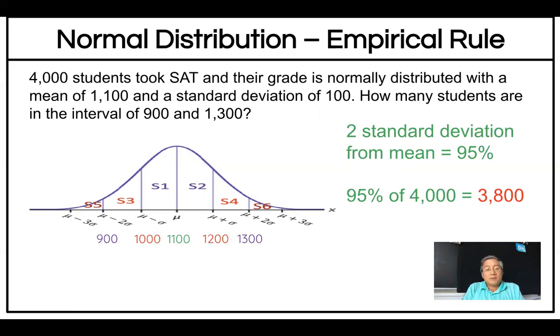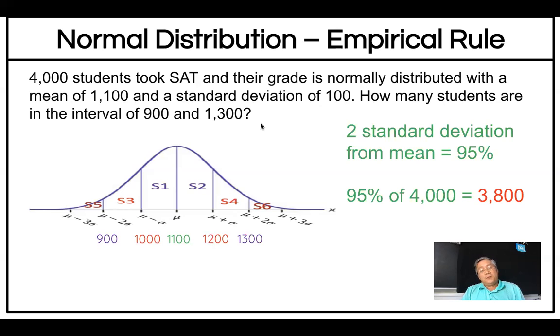So how many? 95% of the entire 4,000 students is 3,800 students, ranged between 900 and 1,300. Do you get it? Good.